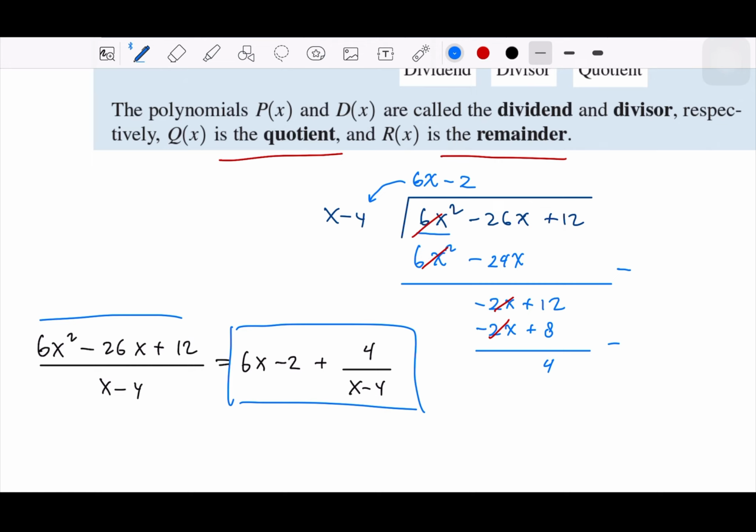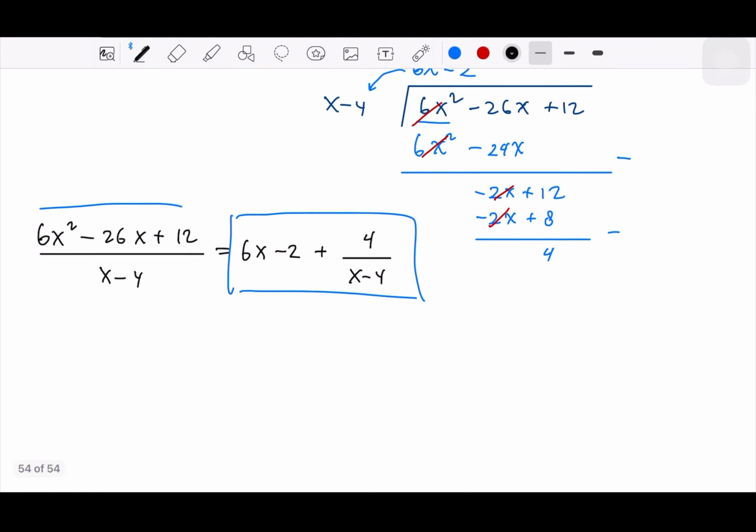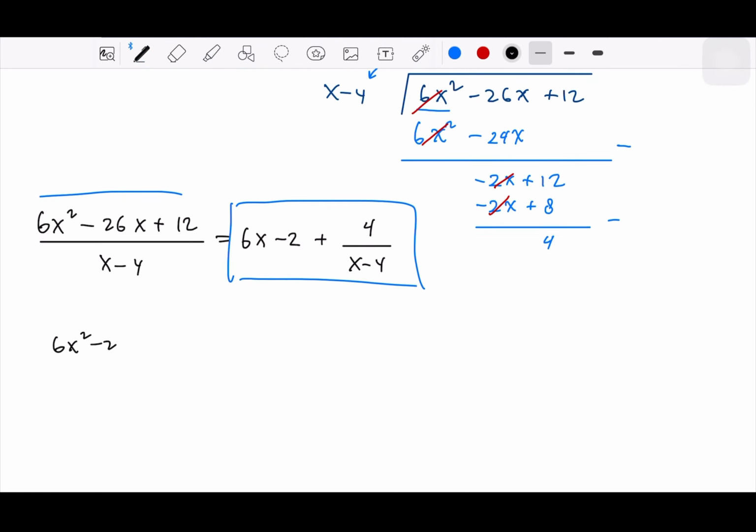If you imagine we need to integrate this, it will be really easy to integrate, right? If you remember the calculus. Now let's see the other form. We could also write 6x squared minus 26x plus 12 as x minus 4 times 6x minus 2, plus 4. We could also rewrite it as this.